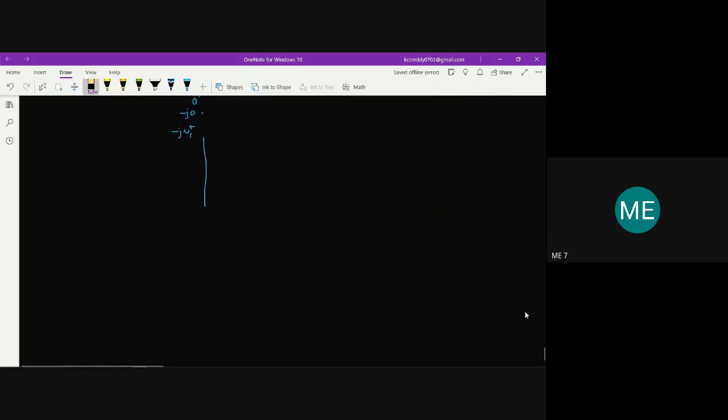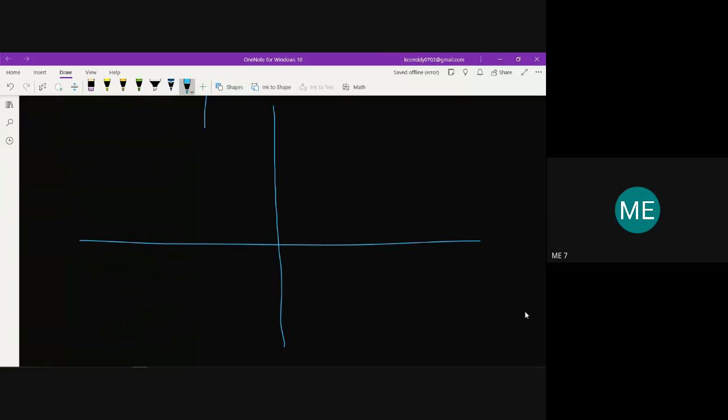I'll draw it bigger so that it will be easy to understand. So this is 0, with one pole at the origin, and one more here, say this is j omega 1, and similarly minus j omega 1.